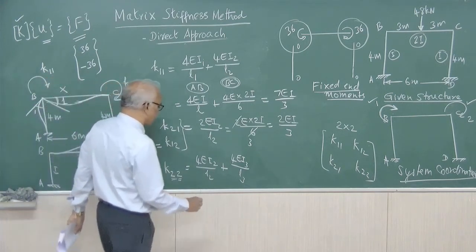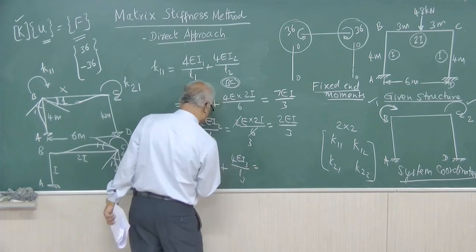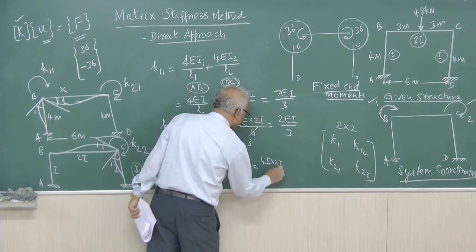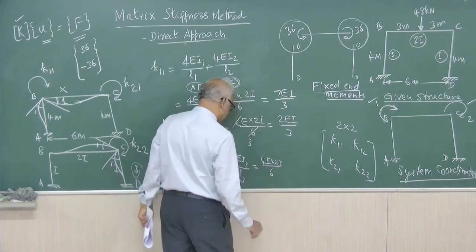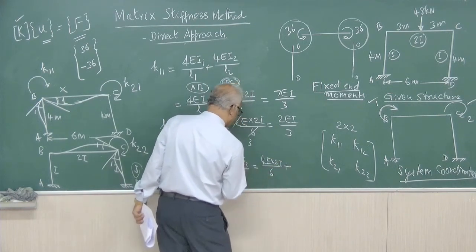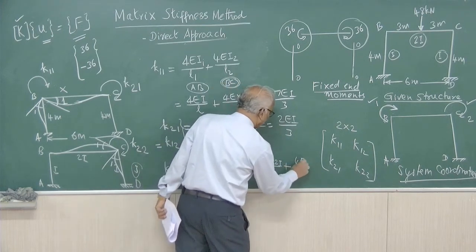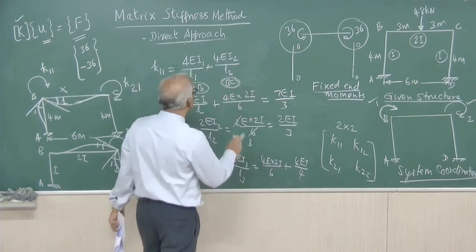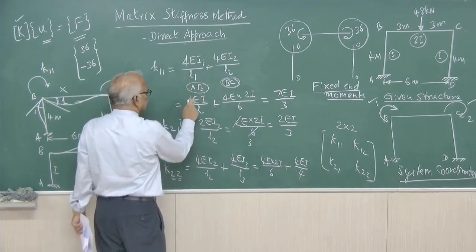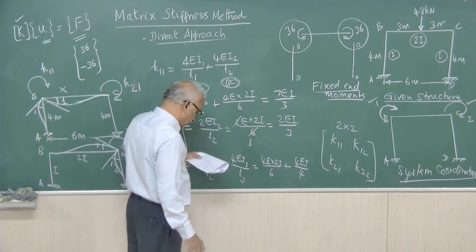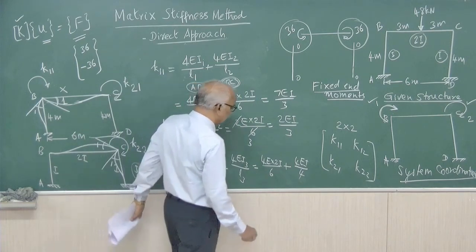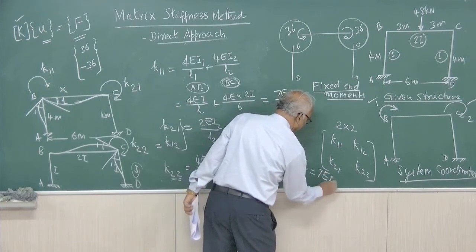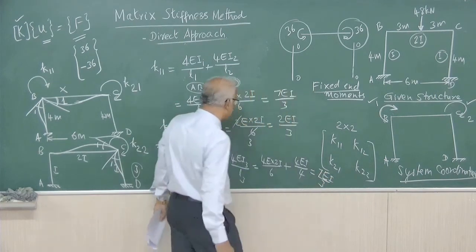So for the beam it is 4E, I2 is 2I, L is 6 meters, plus for the column it is 4E, I by 4 meters, the same value as before. That is equal to 7EI by 3.